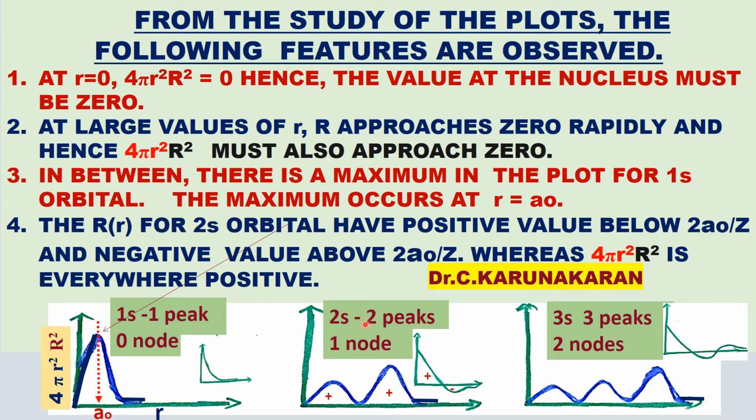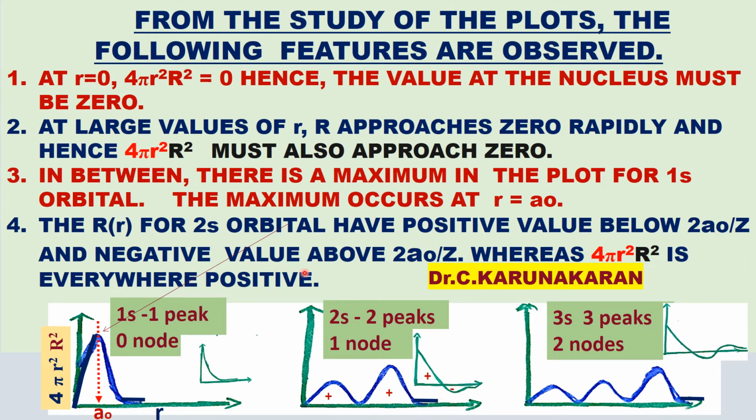Let us compare the radial wave function curve with the radial distribution curve. The radial wave function curve for the 2s orbital is shown here. This is the radial distribution curve. See, the radial probability curve is everywhere positive, whereas the radial wave function curve has positive value below r value of 2a naught by z.